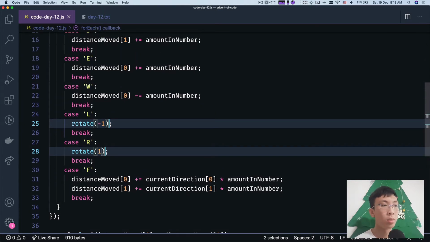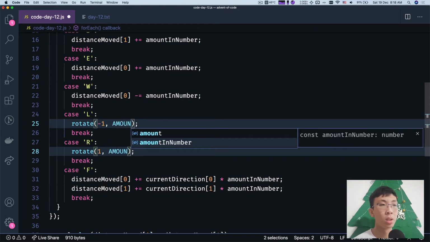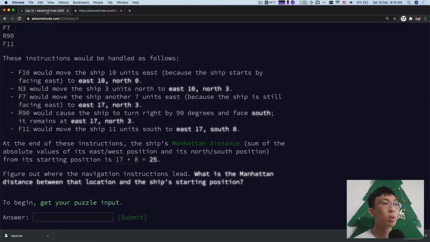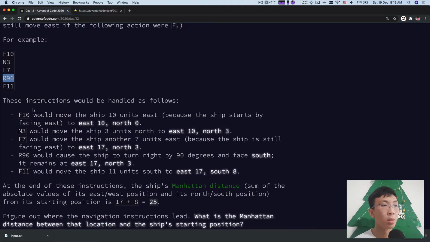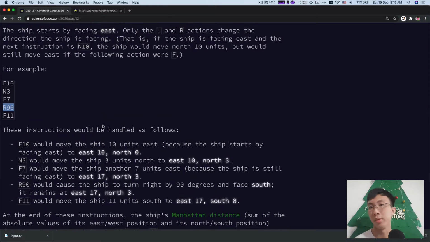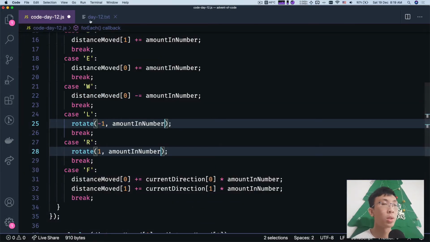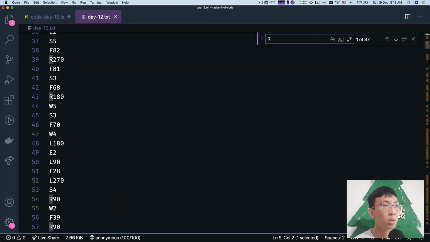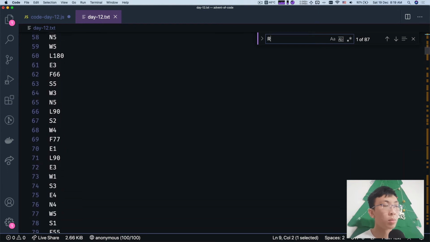So what I'm going to do here is I need the amount as a number. And actually, if you take a look at the example, you're moving left and right in multiples of 90 degrees. Actually, 90 degrees is one tick of position. So I believe there's no 45 degrees kind of thing. We can check that: left, right doesn't seem to have anything in between.